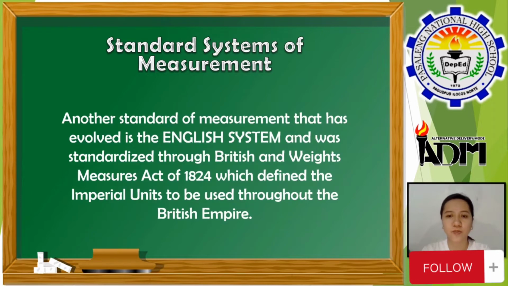Another standard of measurement that has evolved is the English system, which was standardized through the British Weights and Measures Act of 1824, which defined the imperial units to be used throughout the British Empire.